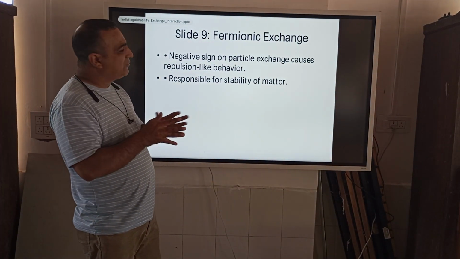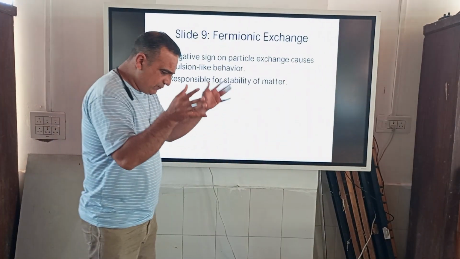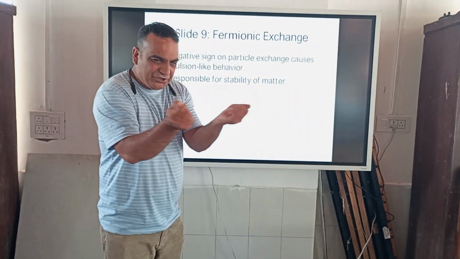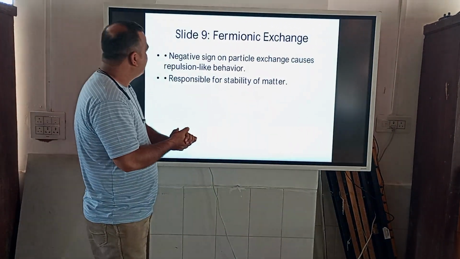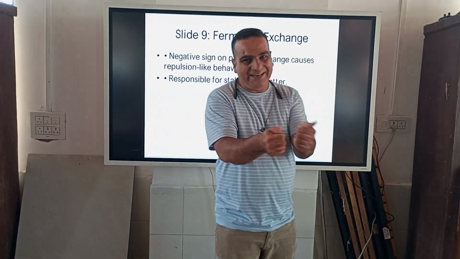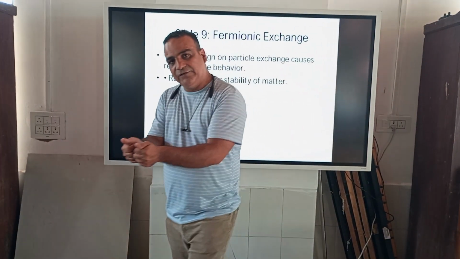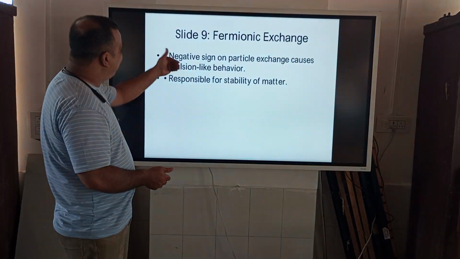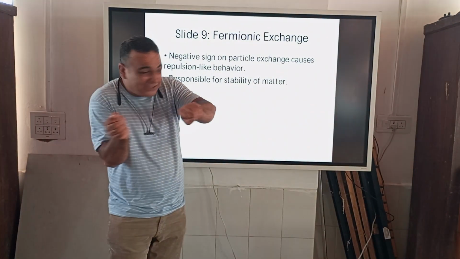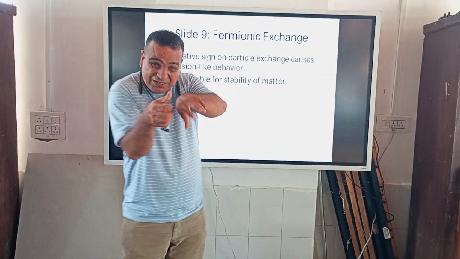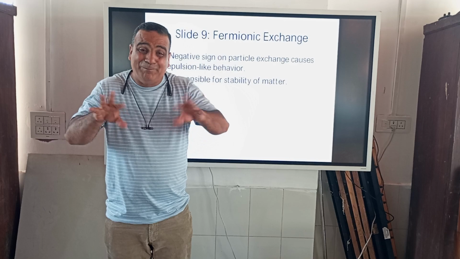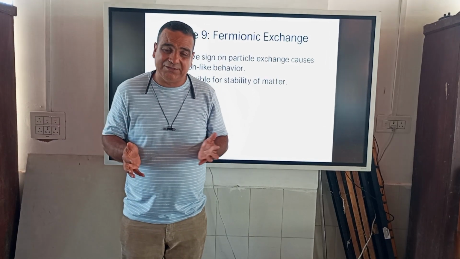Now, let's talk about the fermionic exchange. Fermions, say for example electrons: if you exchange the two electrons, what does it lead to? It leads to the negative value of the eigenfunction. So the negative sign on the particle exchange causes the repulsion-like behavior. This repulsion is also important for the stability of the system.